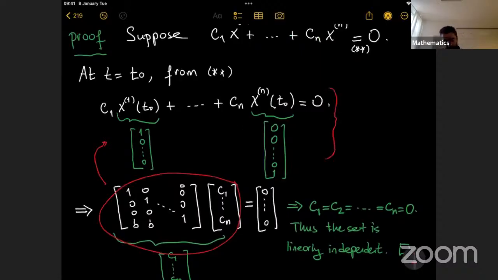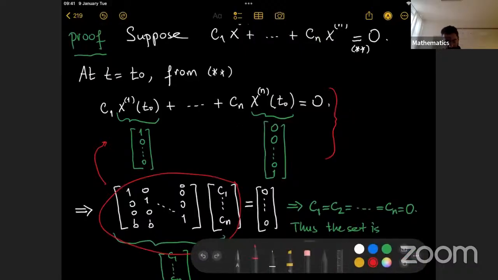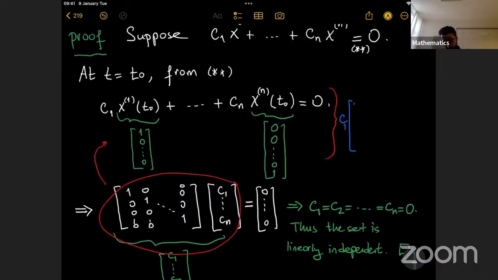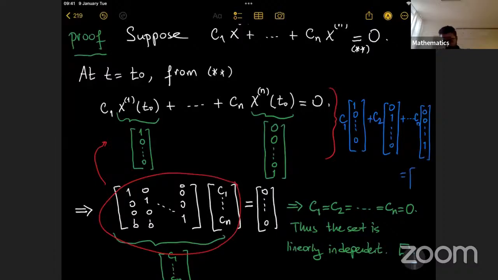It's basically C1 times (1, 0, 0) plus C2 times (0, 1, 0), and you go like this, Cn times (0, 0, 1) is equal to (0, 0). And it is the same thing, okay? So instead of writing this, you can write that one. They are the same. Can you see this? Yeah.